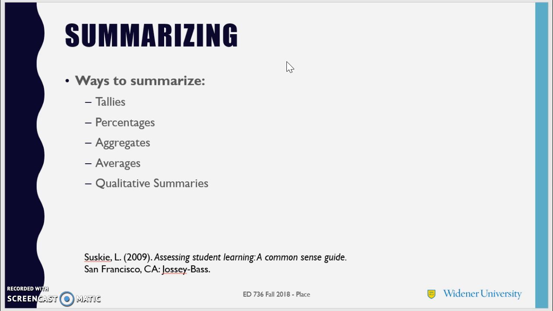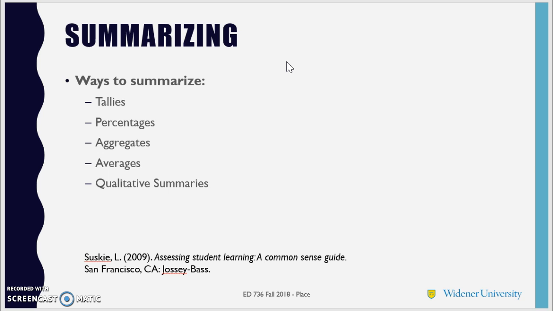So writing samples are supposed to be taken at the beginning, the middle, and then the end of their undergraduate career. And so we would look at the aggregate scores for those writing samples to look at how people have either improved, hopefully, or stayed stagnant or declined over time.